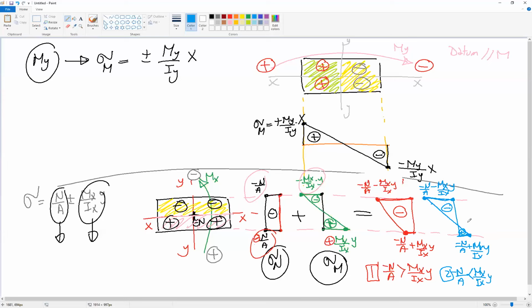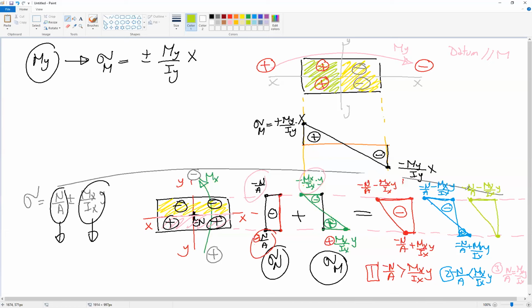The third probability is if they are equal, N/A equal to Mx/Ix multiplied by y. What does this mean? This will be our datum. The top value will not be affected again: negative N/A, negative Mx/Ix multiplied by y. But the bottom value will be 0 because they are equal.